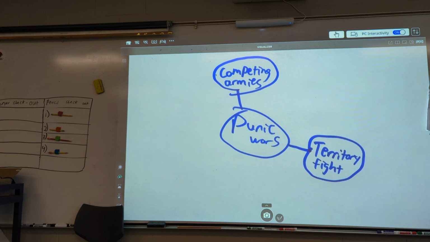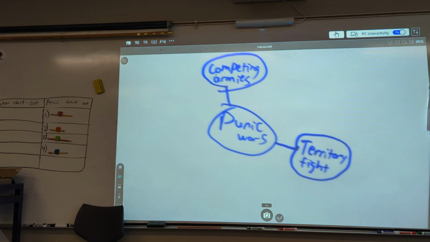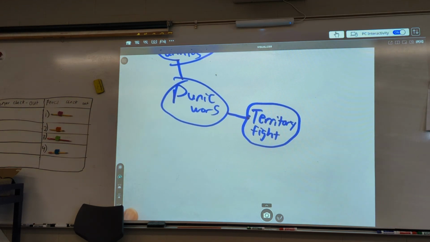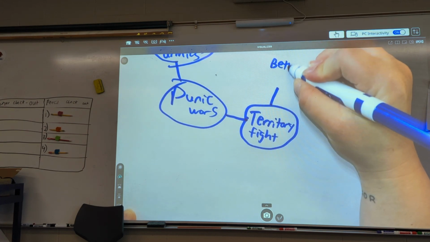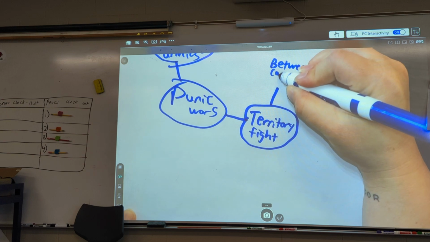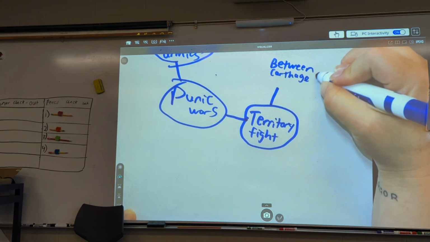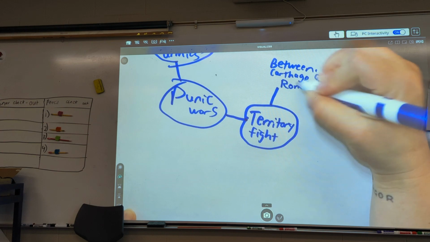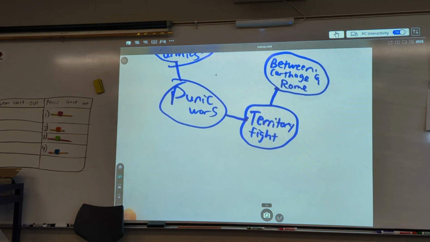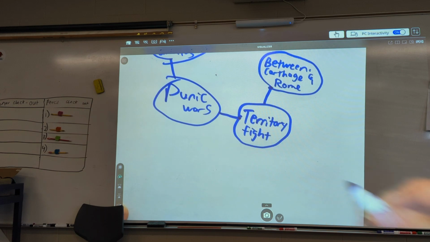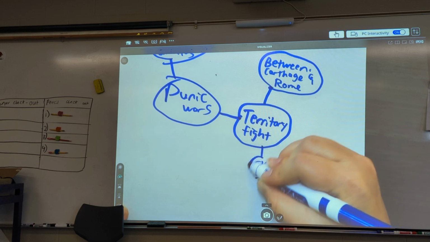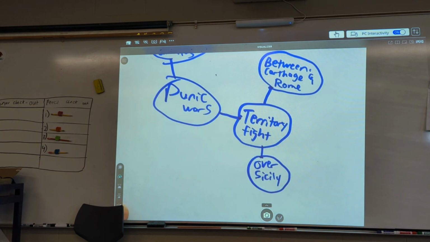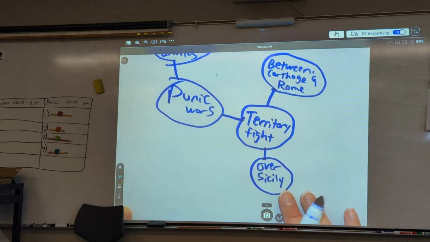They're giving us categories. Now we're going to give specific details that explain the general category. If we take a look at the first one, territory fight, it was between Carthage and Rome. And another point I may make is it was over Sicily. You can put more bubbles, but for the sake of example, we're keeping this quick and simple.